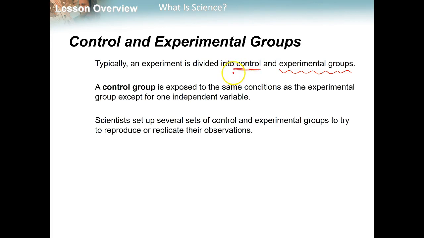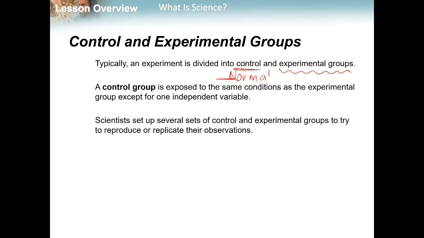That control is going to be under normal conditions, we're not going to change anything. It's going to be the normal amount that we should have. And we're going to call that our control group. It's exposed to the same conditions as the experimental group, except for the independent variable. So let's go back to the idea of a controlled experiment.